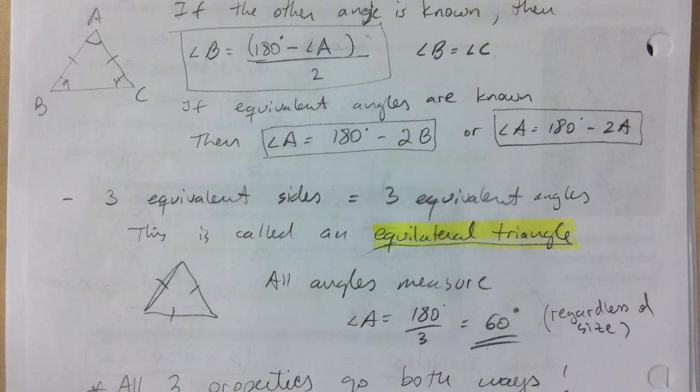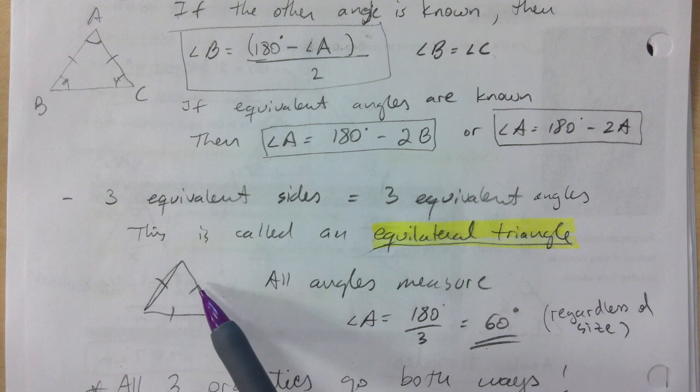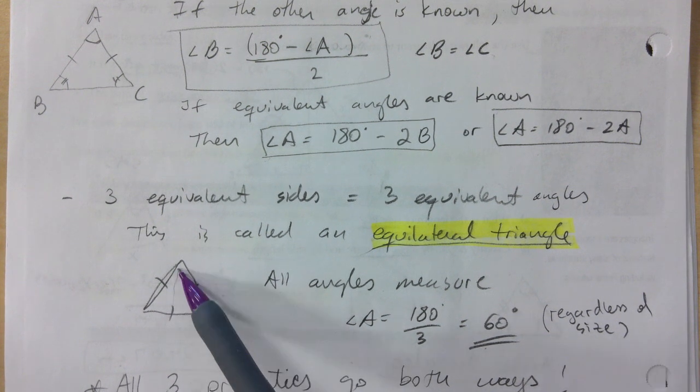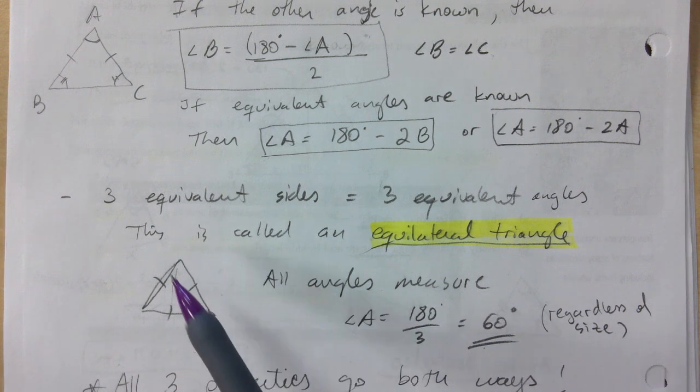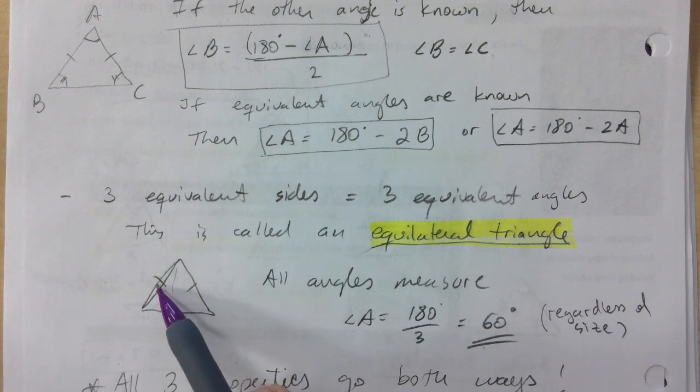And the fact is the property still remains the same. It's the angles across these three known sides that are all equal that will make sure that all angles are also the same. Okay, so these markings are very important to recognize them. They give away a lot of information. Okay.